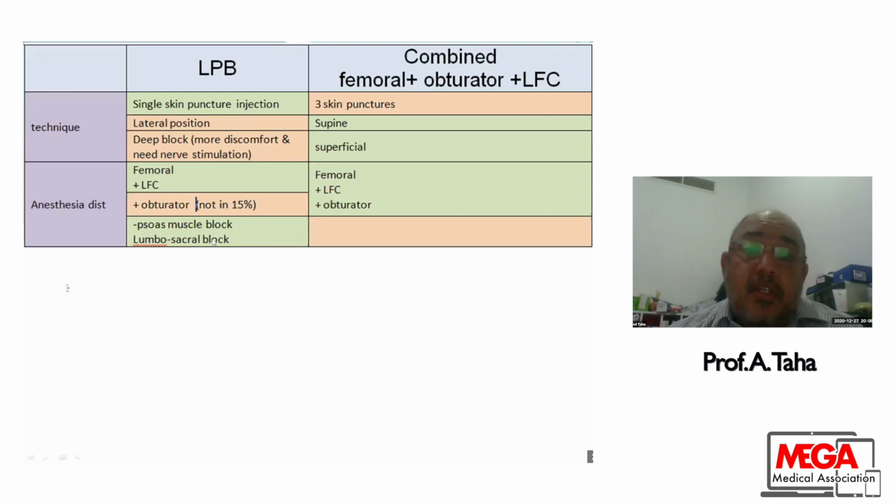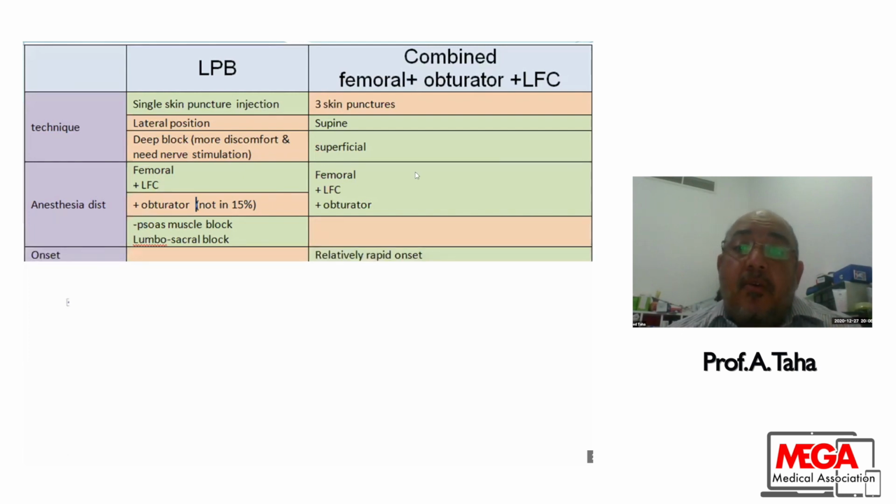So the combined technique has a good advantage over the lumbar block. But the lumbar block gives one advantage in that it blocks the psoas muscle. The psoas muscle is directly innervated from the lumbar plexus, so blocking the femoral will not block the psoas muscle, and the lumbar block also blocks the lumbosacral nerve. These 2 are important for hip surgery, as I will describe after a few minutes.